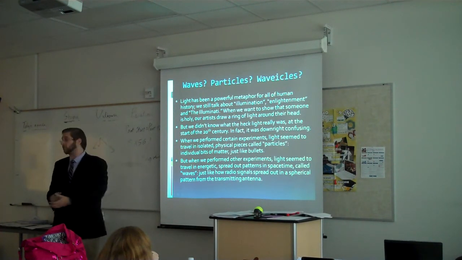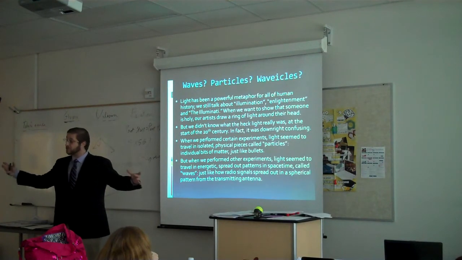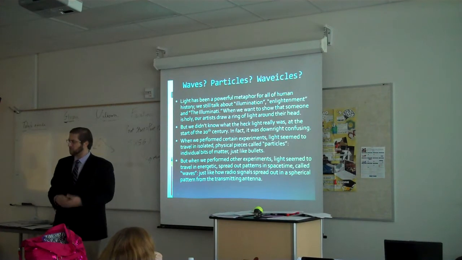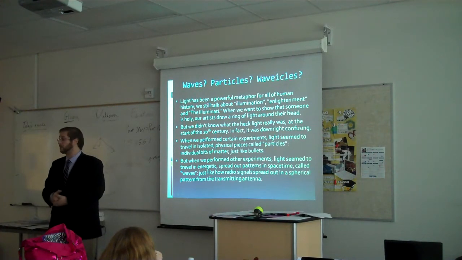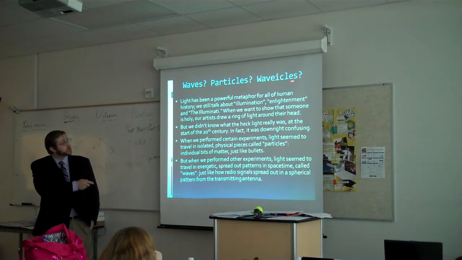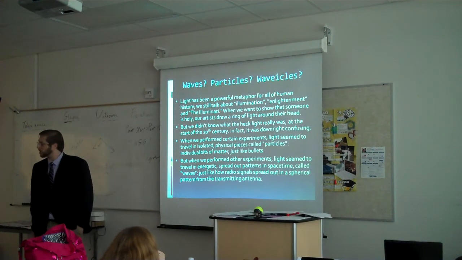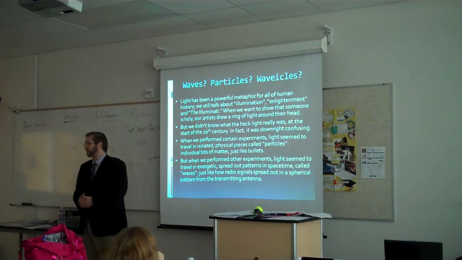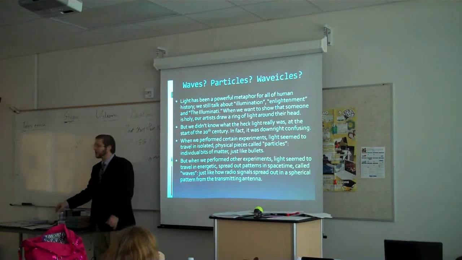Just like if you drop a rock in a pond, waves spread out. This didn't make any sense. Scientists weren't sure what the heck was going on. So some of them coined the term wavicles as a joke, because it doesn't make sense. How could something both be a particle and a wave? How can I have something that's both here and all across the classroom at the same time?